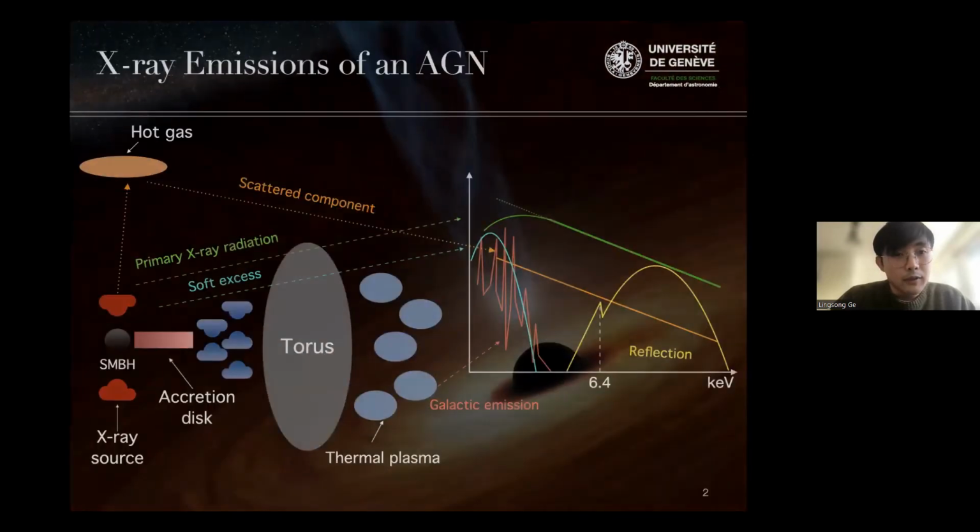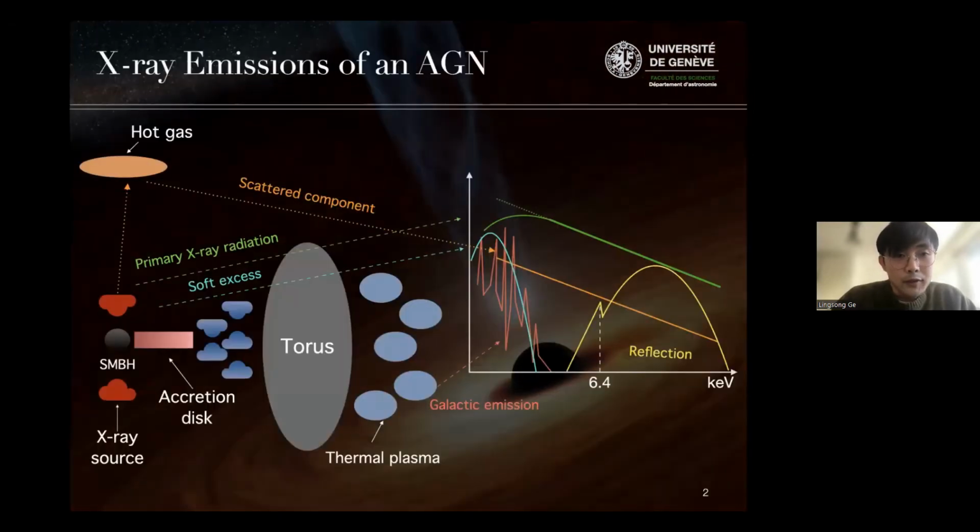Let's begin with a brief recap of X-ray emission in AGN. I believe you have already heard about this during this week, so I will just briefly go through it. In this sketch, you can see the primary radiation shown in green, which inverse Comptonizes the UV disk photons through this X-ray source, the hot corona.